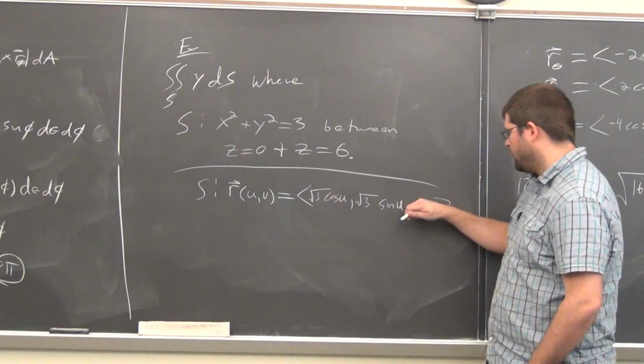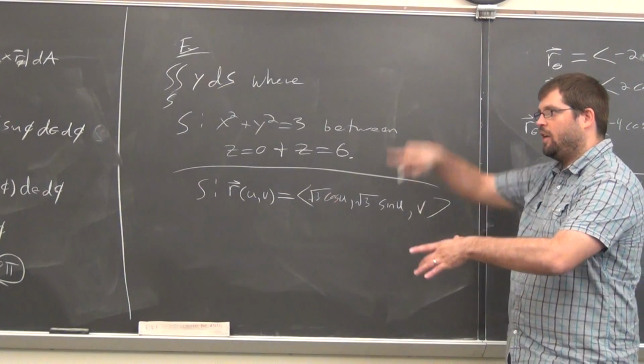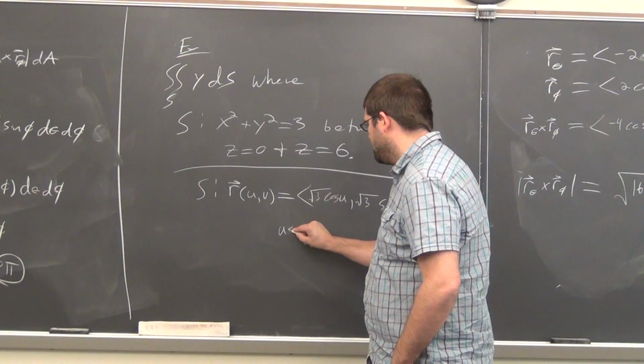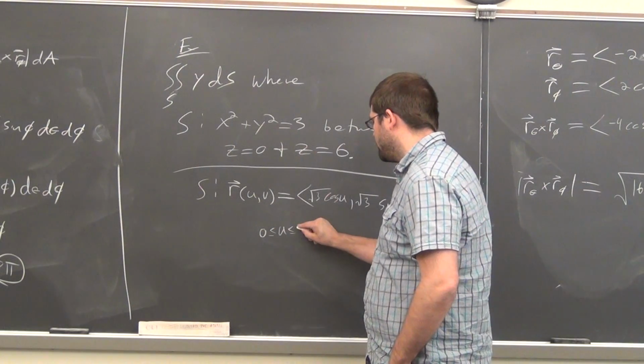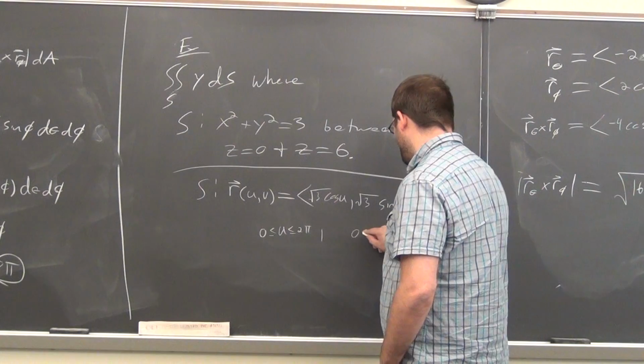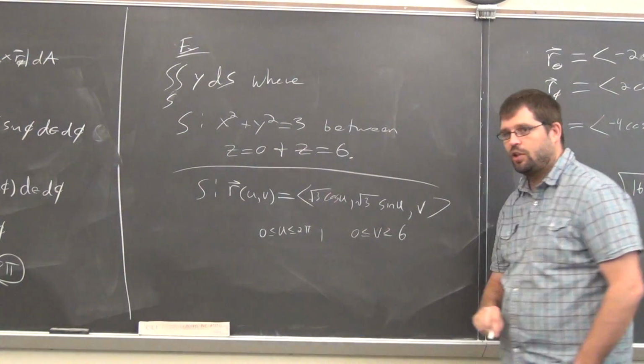If you ignore the v, that gives you a circle of radius root 3, and that's what you want. And then you want to go up and down. So your bounds for u are 0 to 2 pi, and your bounds for v are 0 to 6.